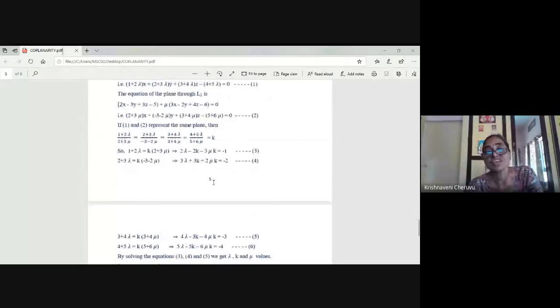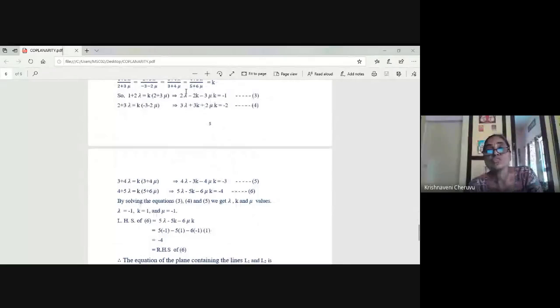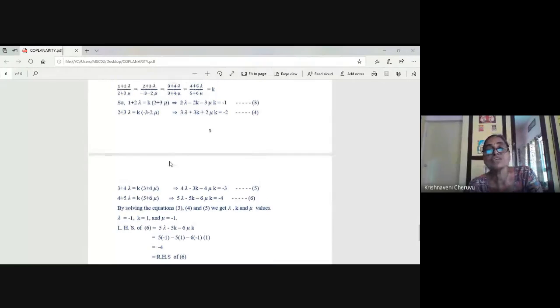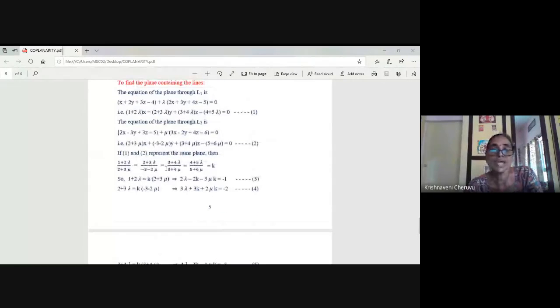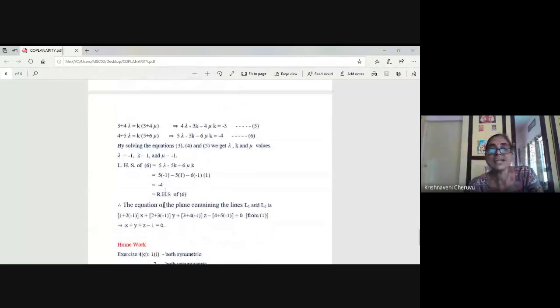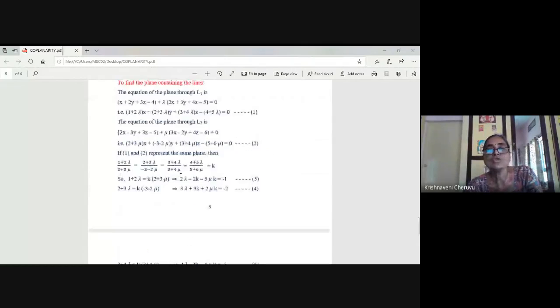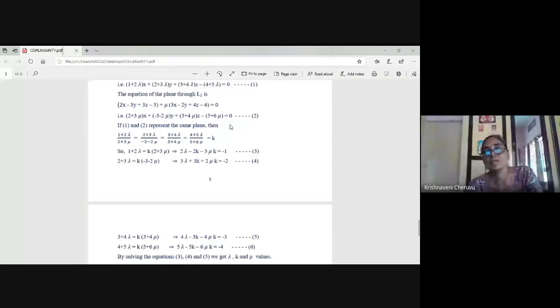Now what you are checking is, you are finding the unknowns lambda, k, mu, and when those values satisfy the last equation, we can confirm that these 2 planes are the same. Okay, now you have the plane containing the lines. Means what? You substitute either the lambda value in the first plane to get the required plane, or you substitute the mu value in the second plane to get the required plane.